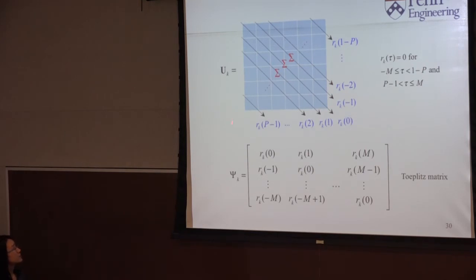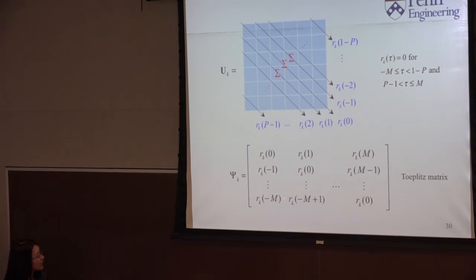For example, the U matrix is a square matrix here. If we take the summation along descending diagonals, we will have 2p minus 1 terms, right? And we can also define some extra terms beside the 2p minus 1 scope. Then by mathematical deduction, we could see that the phi matrix is exactly a Toeplitz matrix containing these summation terms, from 0 to m and minus 1 to m minus 1.